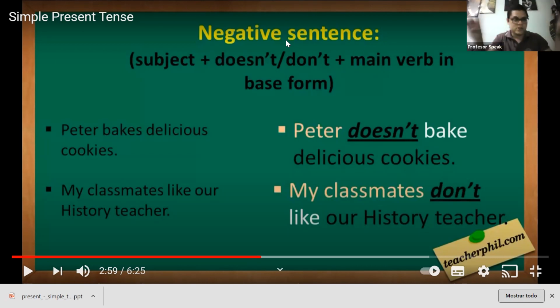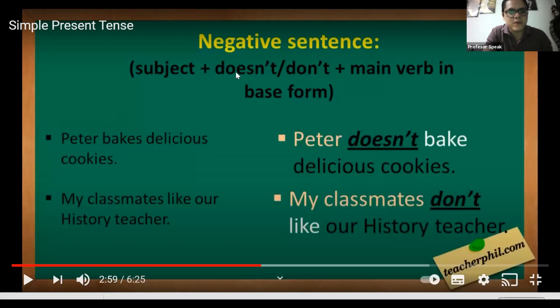My classmates don't like our history teacher. Okay, that is the example, but the structure is subject plus doesn't or don't plus main verb in base form.